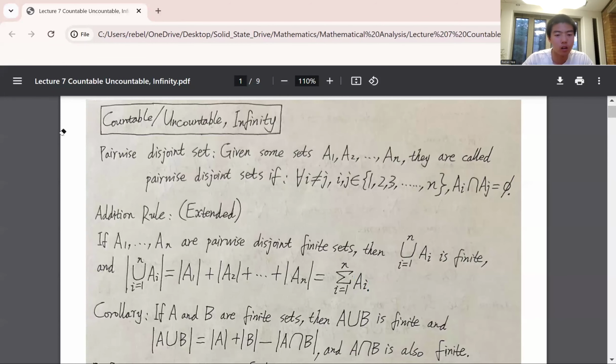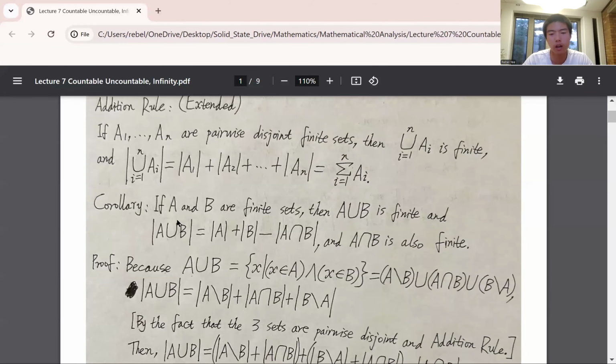Some corollaries regarding that: if A and B are finite, then A union B is finite, and the cardinality of A union B equals A plus B minus A intersection B, and A intersection B is also finite.